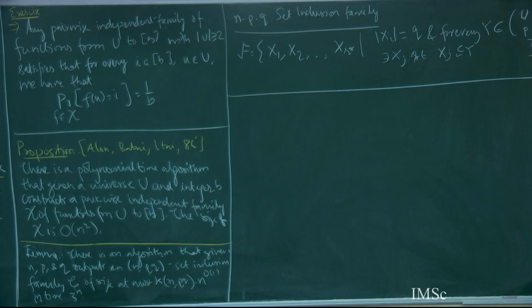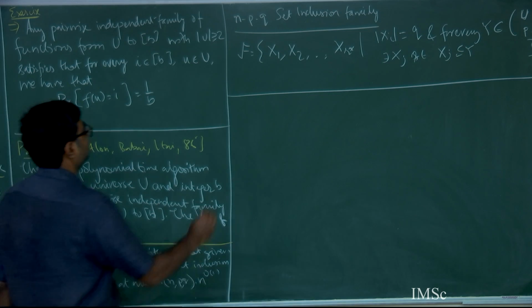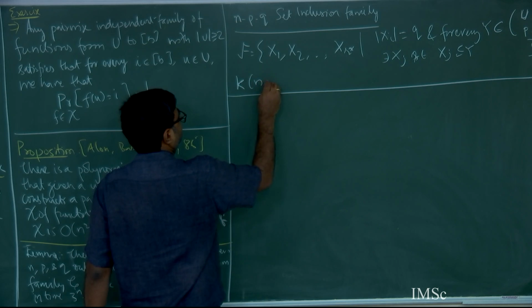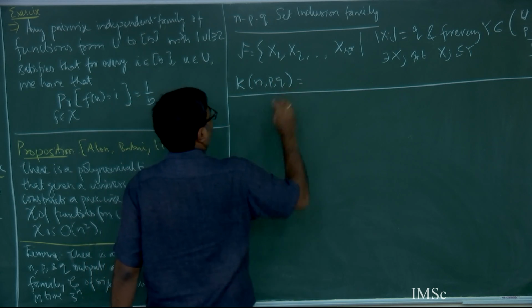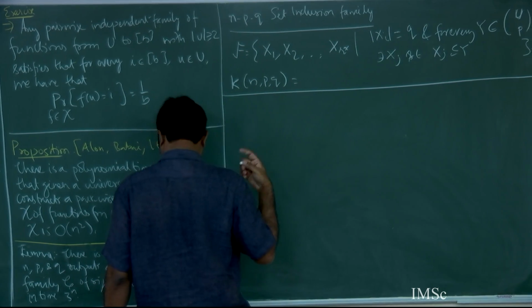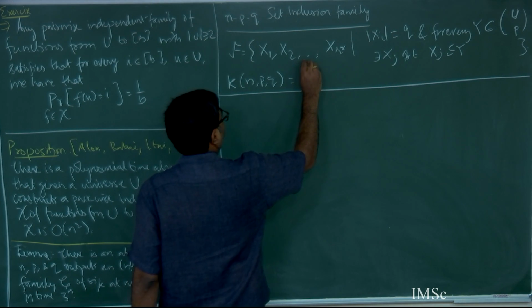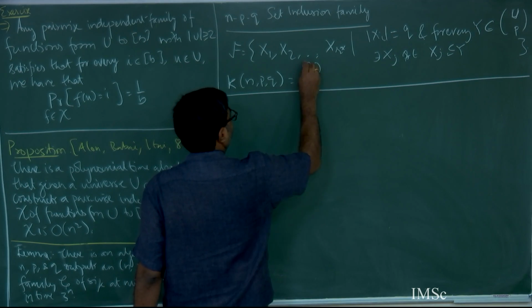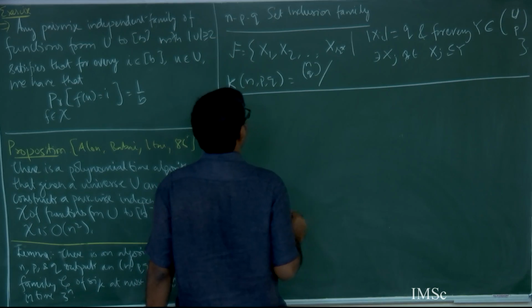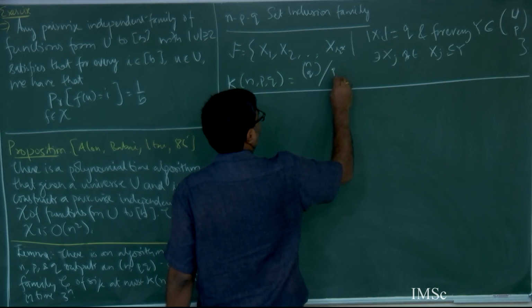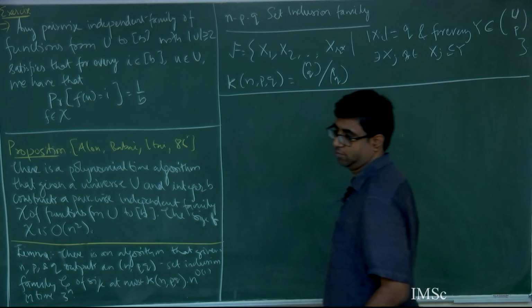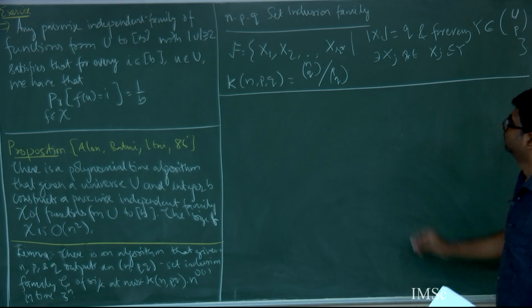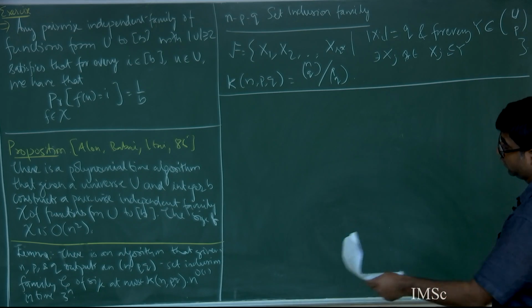What is kappa? It is n choose q divided by p choose q, just as a simple form.